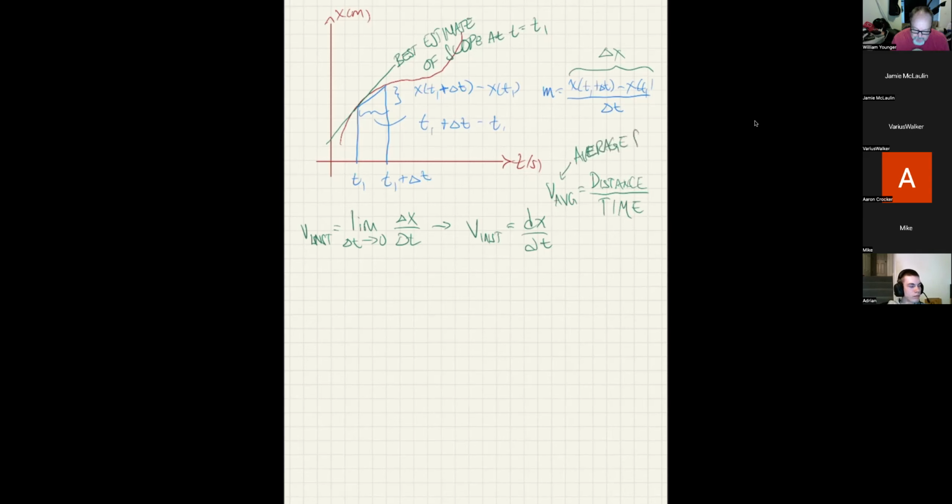Right now, since we're only doing one dimension, we're teetering back and forth between realizing that speed and velocity have different connotations. One of the connotations is that the average velocity is a vector that points to your final position minus a vector that points to your initial position.